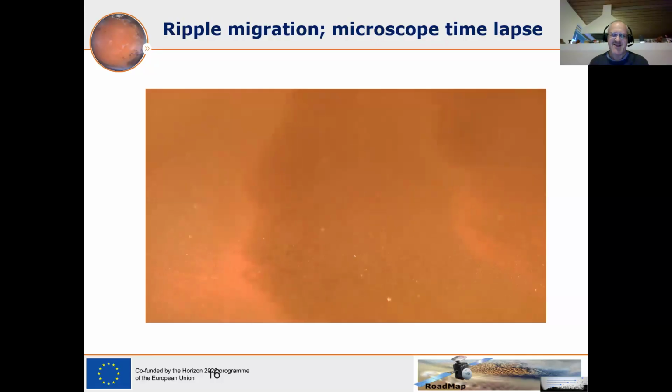This is a slightly time lapse movie. You can see they start off with rather shorter wavelength and become longer with time. I like it because you can see the individual grains as well as the ripples.